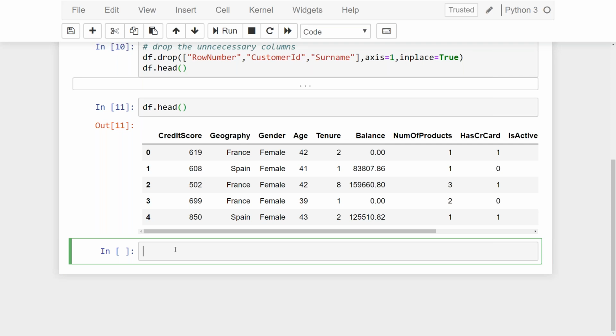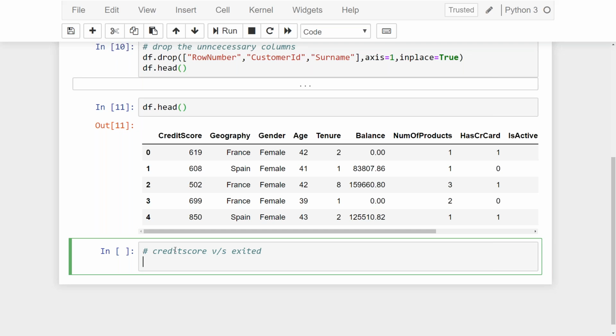Now we want to see the impact of, let's say, credit score versus exited. How is credit score impacting customers leaving the bank or not? For this analysis, we're going to be looking at a graph of the probability distribution of credit score.